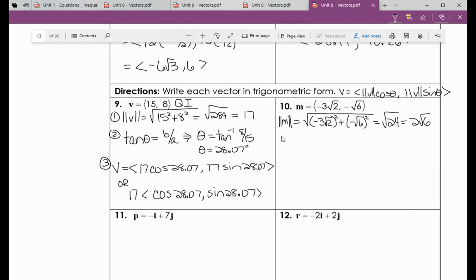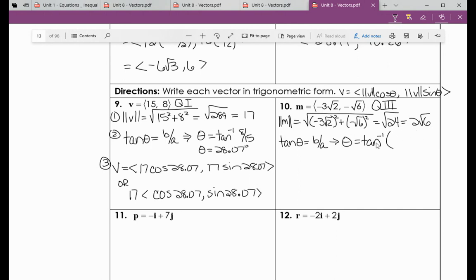Now, I am going to find my directional angle, which is b over a. Since this is a quadrant 3 angle, I'm probably going to have to do a little finagling, because when I find my original value, it is not going to be a quadrant 3 angle.